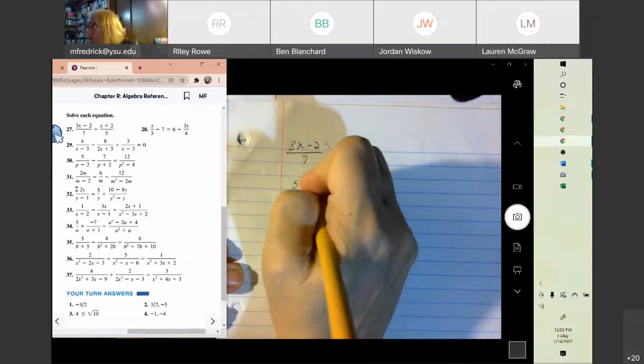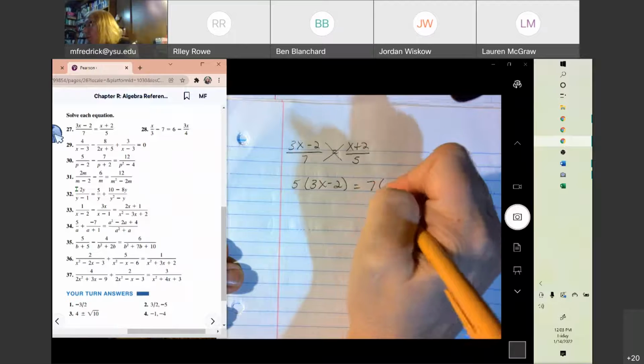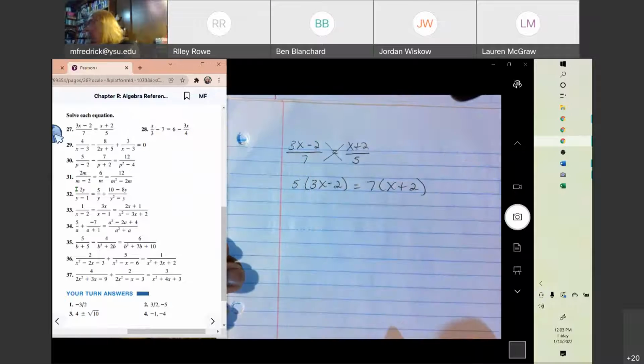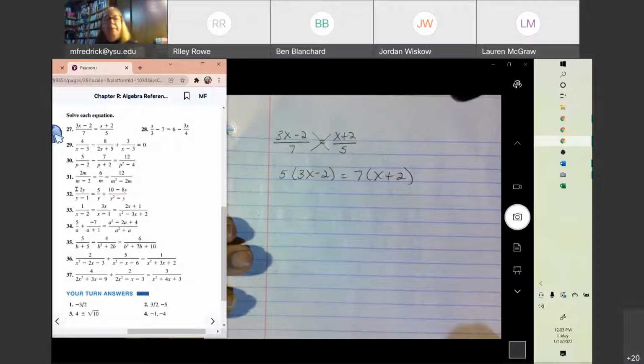And so then we're taking 5 times 3x minus 2 equal to 7 times x plus 2. It's one way of getting rid of the fractions.